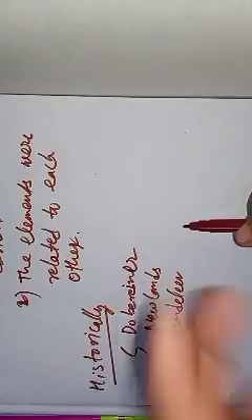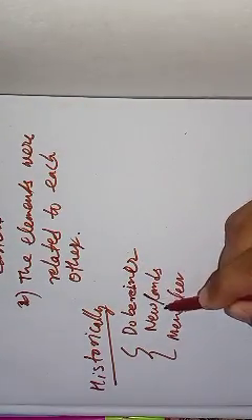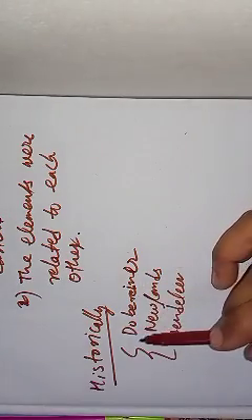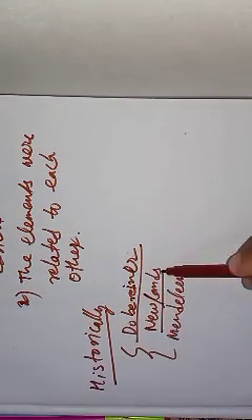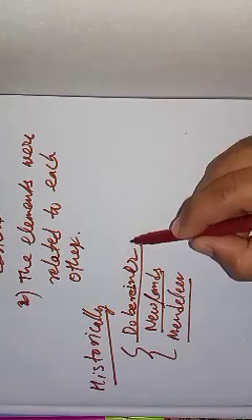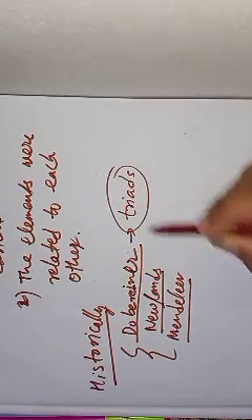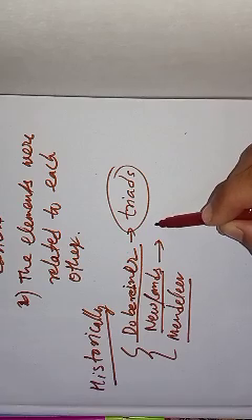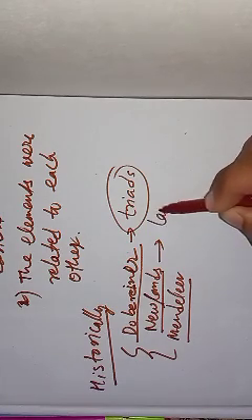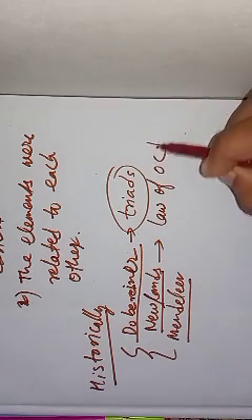Although many scientists tried to arrange the elements, to categorize the elements, to group the elements in ancient times as well, these are the forerunners in the field: Dobereiner, Newlands, and Mendeleev. Dobereiner gave the rule of triads. Newlands gave the law of octaves.